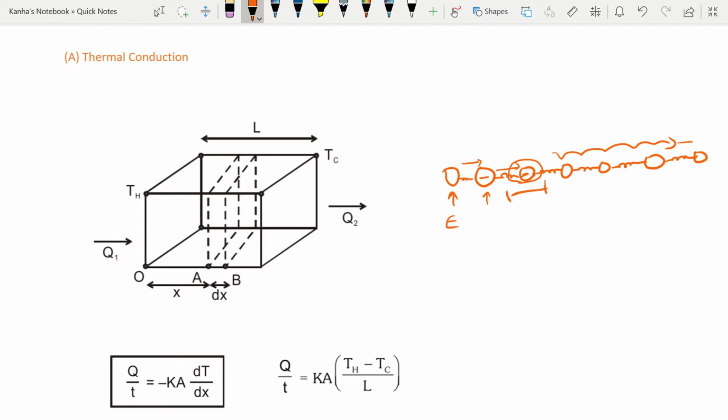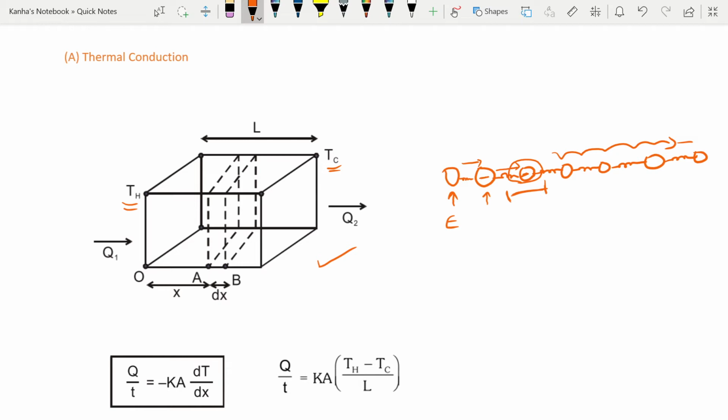So here I've just shown you the material. Let's consider this to be a slab of face area A. The lateral thickness is L, and the faces have temperatures TH and TC. So you have the hot temperature and the colder temperature.